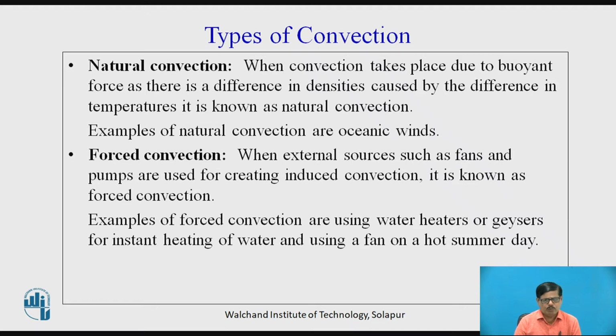Examples of forced convection are water heaters or geysers for instant heating of water, where we pass the water with a certain velocity. Another example is using a fan on a hot summer day, where the air movement is caused by the fan.